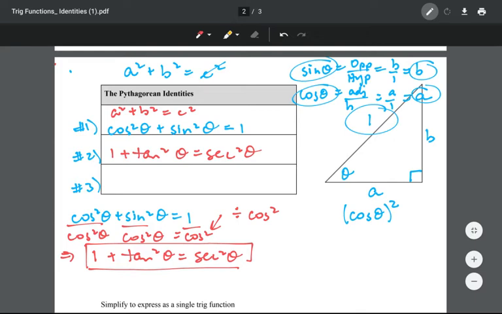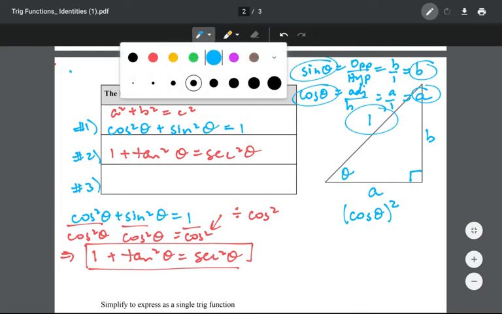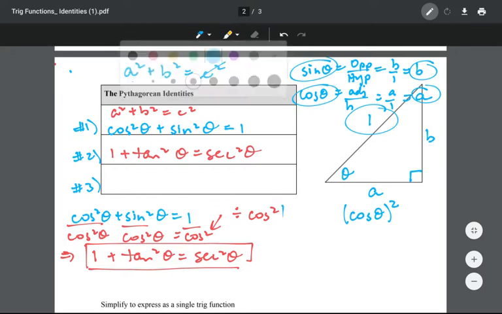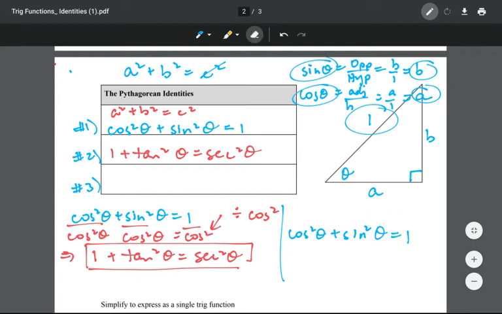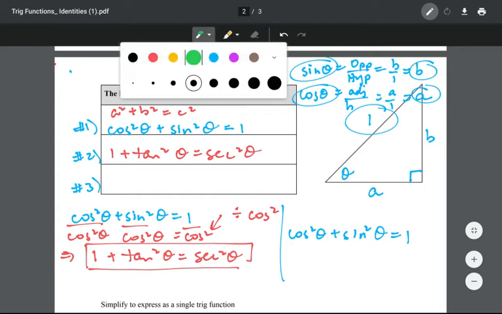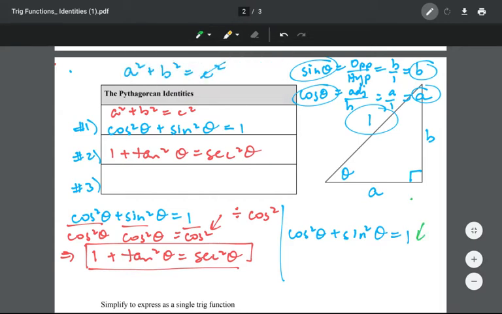For the third and last iteration, I'm going to start with my original function again. Cosine squared plus sine squared equals 1. Let me redo that, that's super messy. But this time, let me grab my green pen. This time, I'm going to divide, instead of by cosine squared, by sine squared.